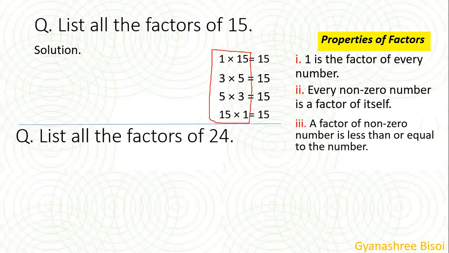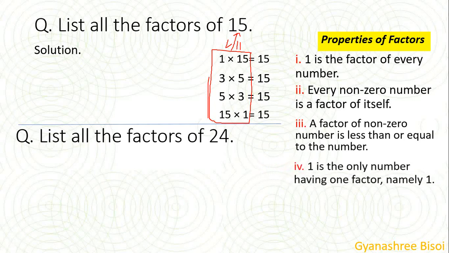Are they less than the given number? Yes, all the factors are less than or equal to the given number, that is 15.